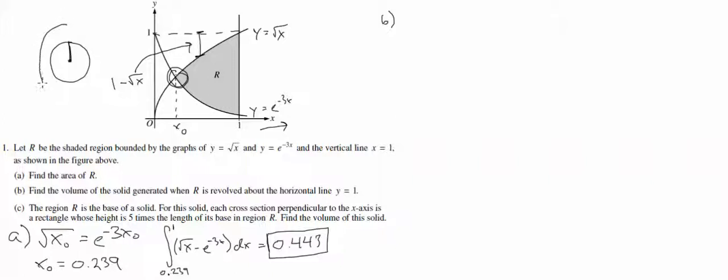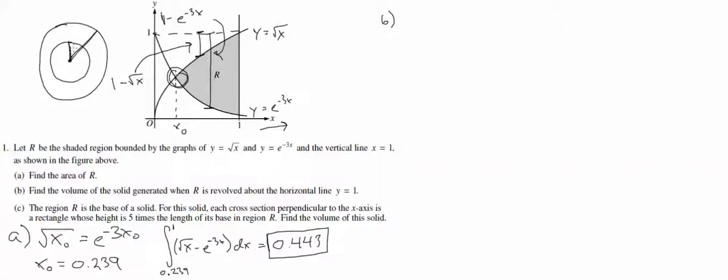Alright, well, close enough. And in this case, the radius is that. And on the diagram, we see that that value is this distance, which is 1 minus e to the negative 3x. So we have both of our radii of the circles which compose the cross-sections perpendicular to the x-axis.